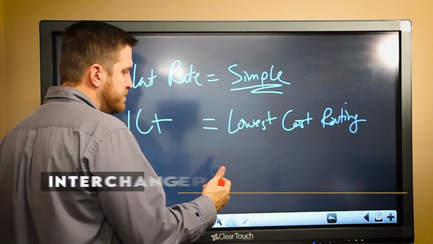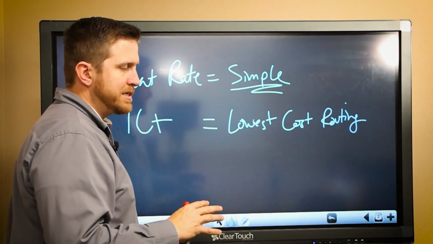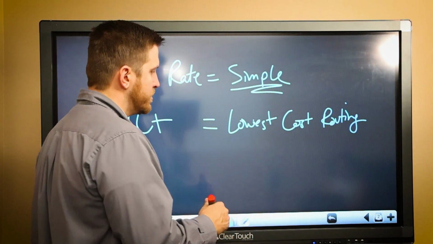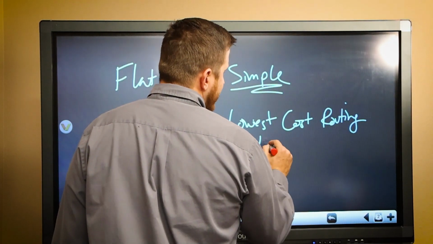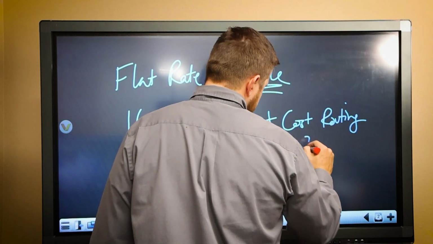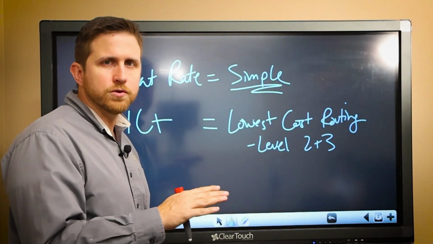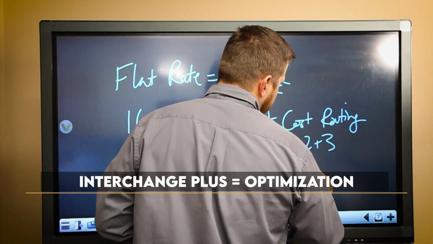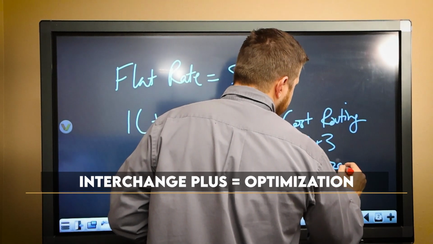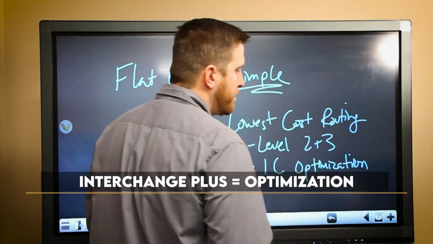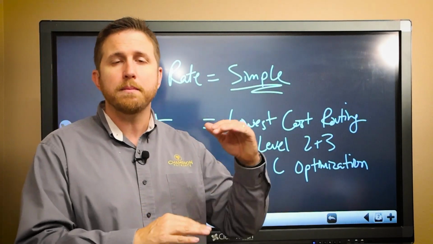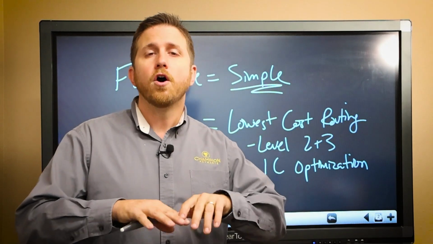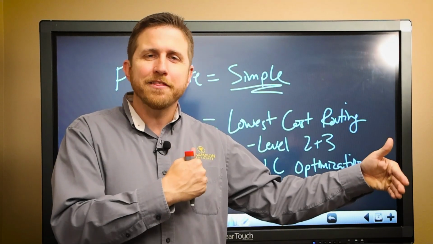So like in this case, if you're working with your processor as a business-to-business merchant who invoices customers, you could start using what they call level 2 and level 3 data to pass through to get you what's called interchange optimization, right? We call it IC optimization. These are things that matter in certain scenarios, especially with people that have high ticket items that they sell, to help lower the cost overall, but still working together with the payment processor, right?